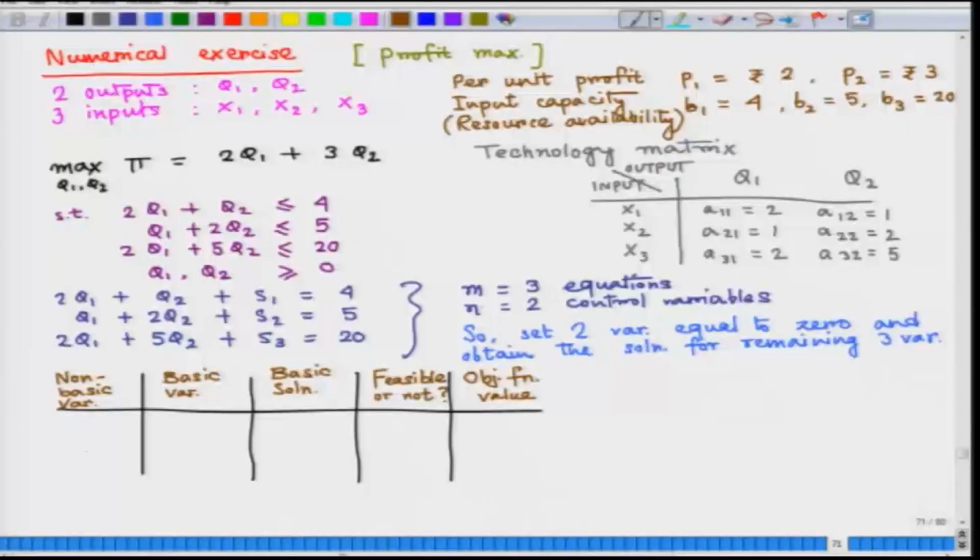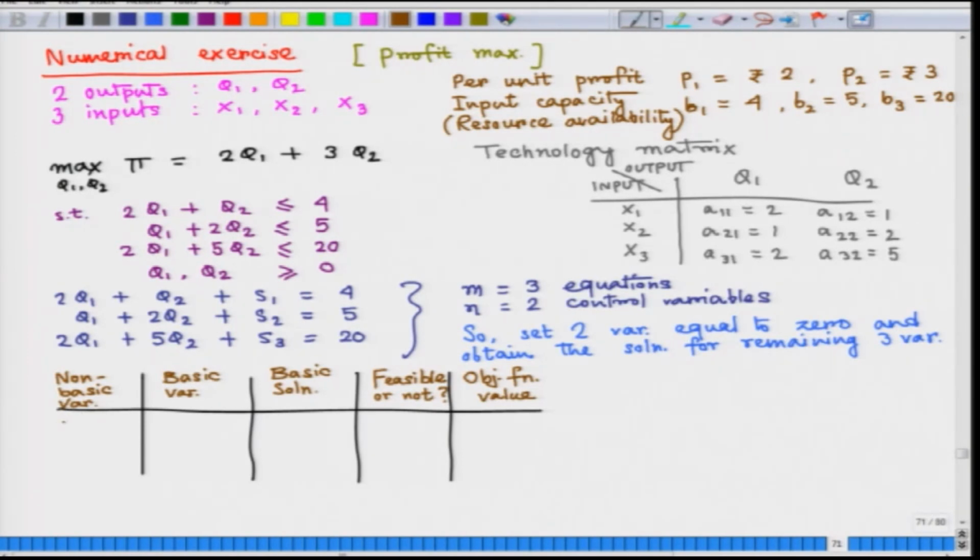So, now here look at this table. Here I am going to list down the non-basic variables that I choose. So, by non-basic variables I mean the variables which assume 0 value, right, and the basic variables are those variables which assume non-zero values, right.